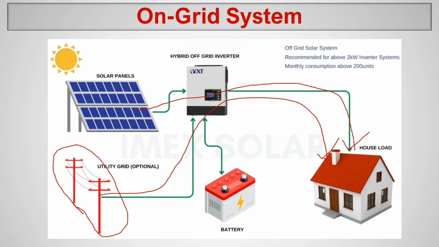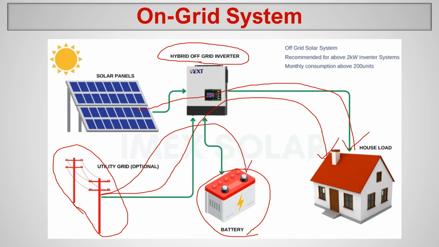So here we use a hybrid solar PV inverter. You can watch a future video about inverters, which will explain why we are using a hybrid inverter here: this particular battery can be charged by both the grid supply and the solar PV supply, which comes through the inverter.